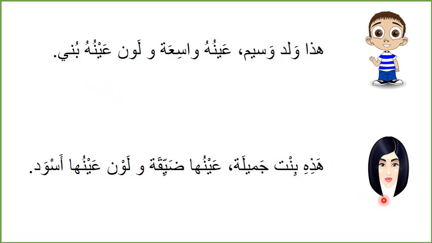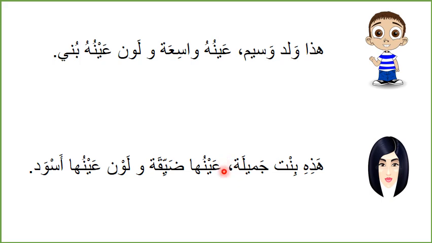Now we move to بنت, مؤنث, the feminine example. هذه بنت جميلة, عينها ضيقة, ولون عينها أسود. So we said before that وسيم is handsome, but what about the girl? How do we describe the girl? Do we say a handsome girl? No, we say beautiful, ممتاز. جميلة means beautiful.